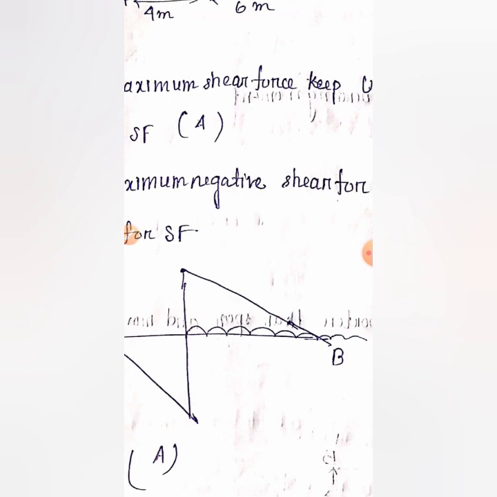We discussed earlier that to find the shear force or the bending moment value for a UDL, we find the area and then multiply by the load intensity. Suppose W kilonewton per meter is applied; that is the UDL intensity. We multiply W into the area. So if the area is in the positive zone, that means the shear force will be maximum.